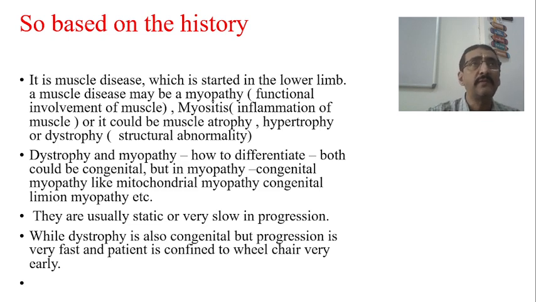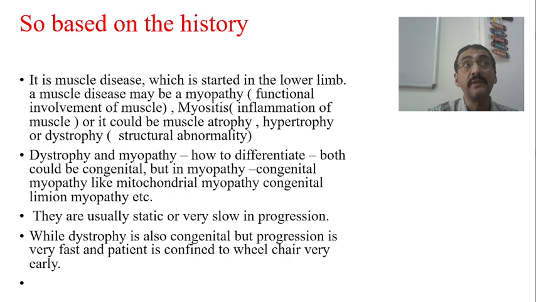So this is one of the major differences in how we differentiate congenital myopathy, or any type of myopathy, from the dystrophies. Myopathies are slowly progressive or static, whereas muscular dystrophies are chronically progressive conditions. We know dystrophy is also congenital, isn't it?